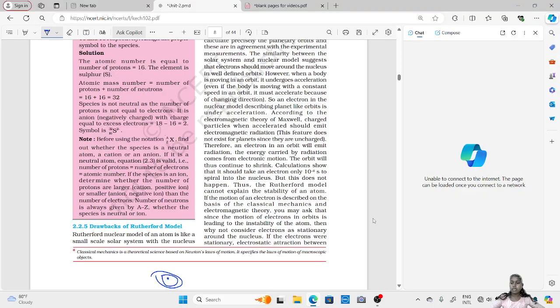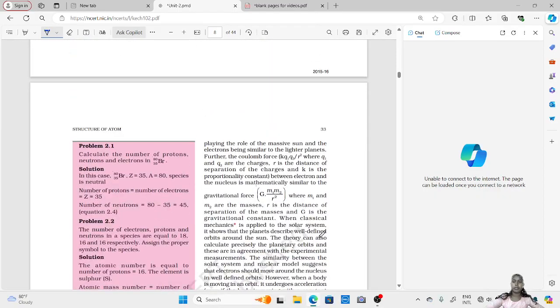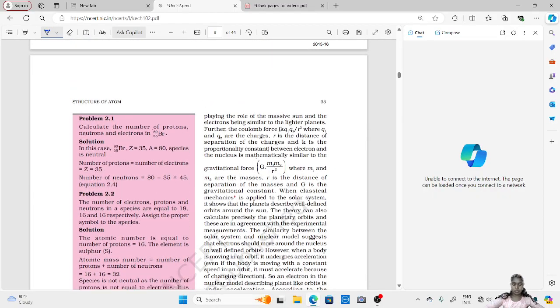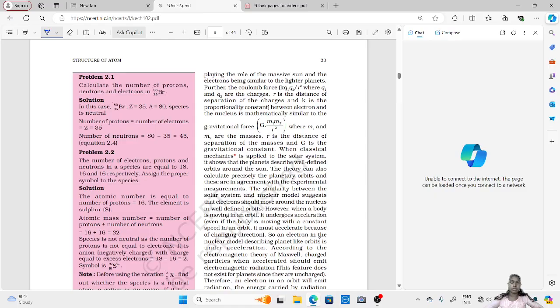It is like a small scale solar system, with the nucleus playing the role of the massive sun and the electrons being similar to the lighter planets.